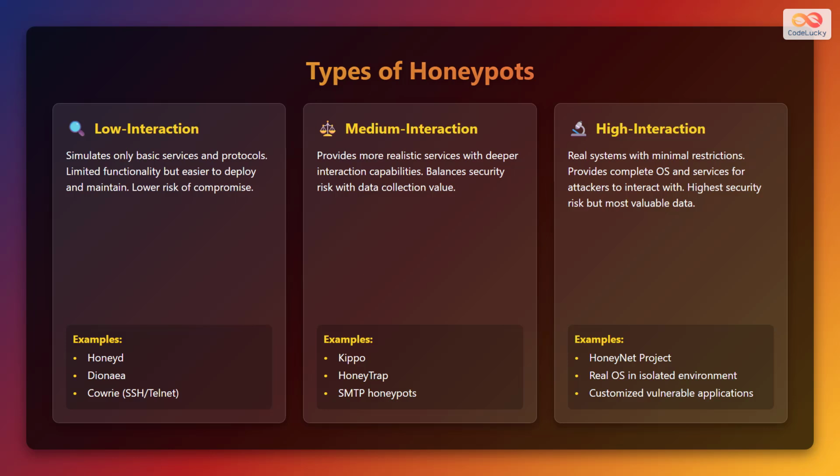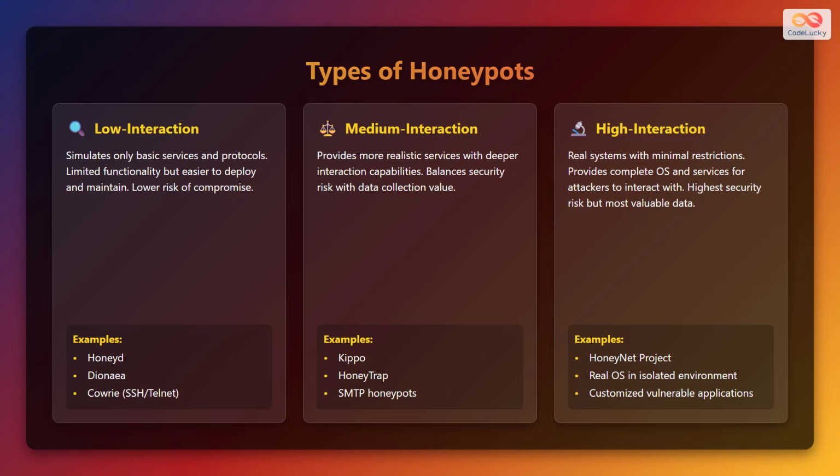Next, there are medium-interaction honeypots. These provide more realistic services with deeper interaction capabilities. They strike a balance between security risk and the value of the data collected. Kippo, Honeytrap, and SMTP honeypots are examples of this type. Finally, we have high-interaction honeypots. These are real systems with minimal restrictions.